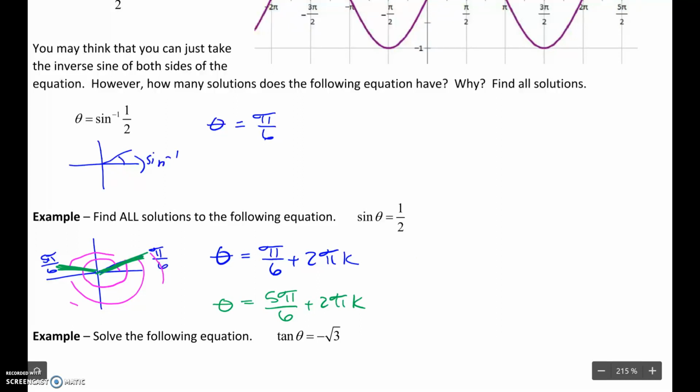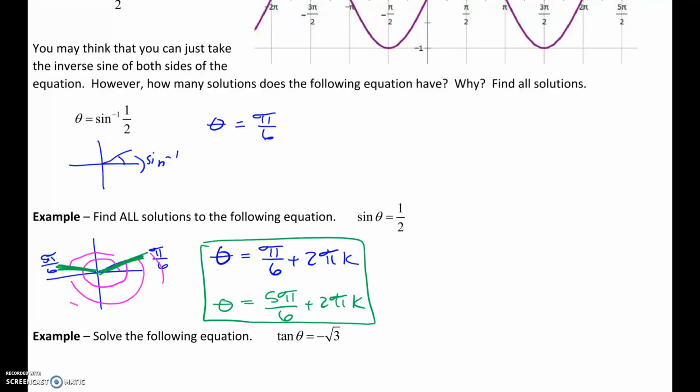So this would be your answer for all of the solutions to the equation. Taking the inverse is not the same as solving the equation. You're not doing the inverse function of sine, you're just trying to find everywhere where that happens.